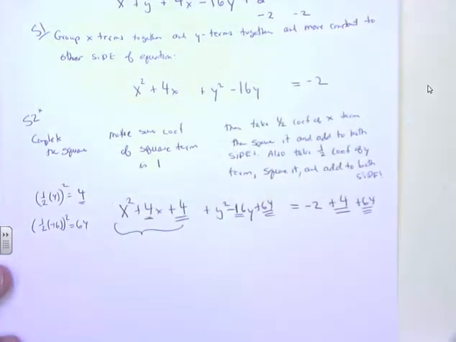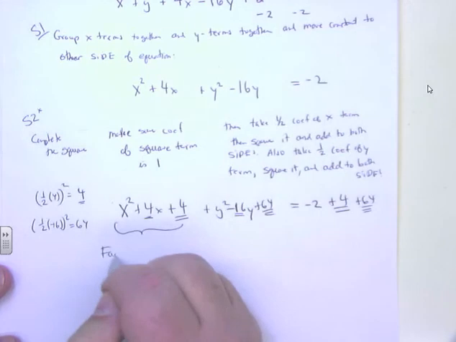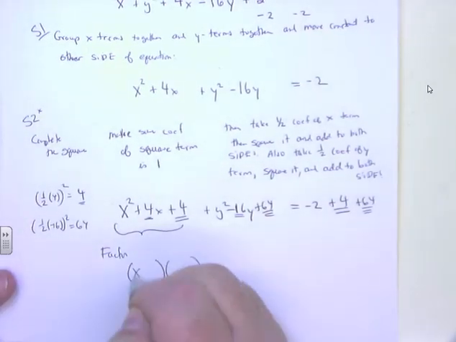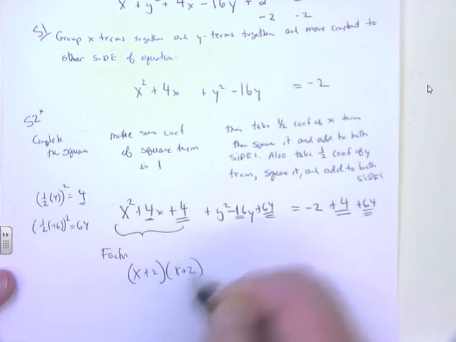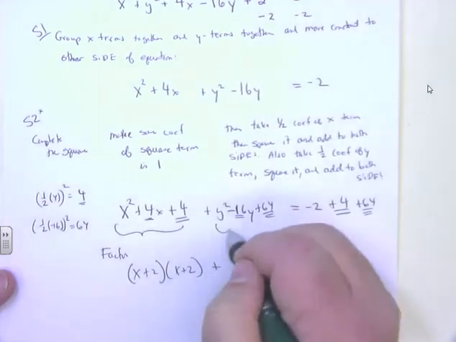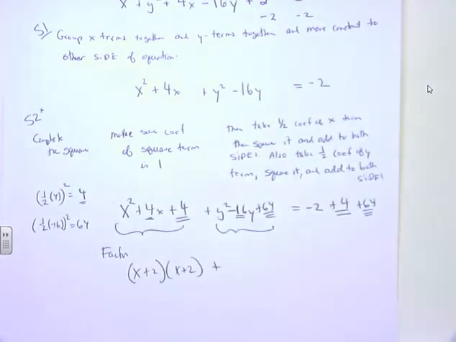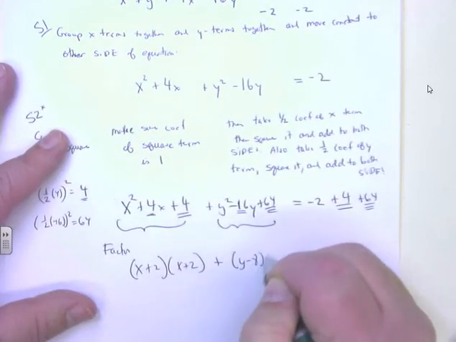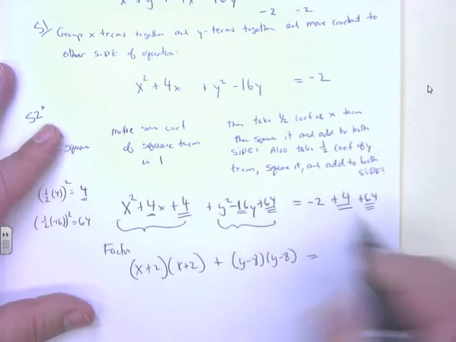On the x terms, factor. How does x squared plus 4x plus 4 factor? It's x plus 2 times x plus 2. Plus, how does y squared minus 16y plus 64 factor? y minus 8 times y minus 8. Equals, add them up.